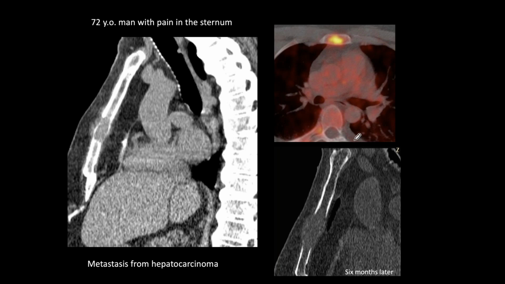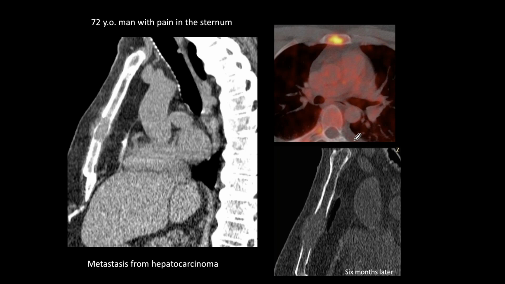I'm showing this case just to establish 2 points. One, that the sternum is difficult to see in the lateral view. It's impossible to see in the PA, but on the lateral it is difficult. So any anomalies, any problems that you have with the sternum, you have to do a CT to clarify your diagnosis.